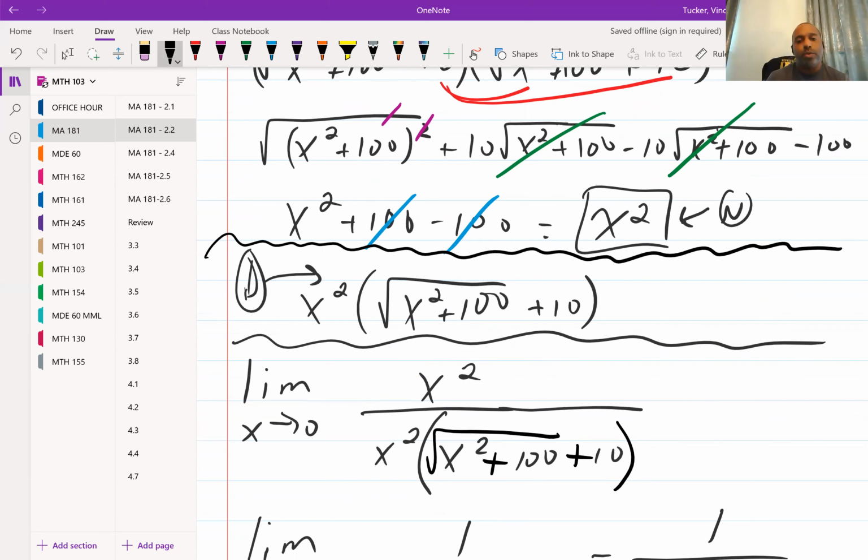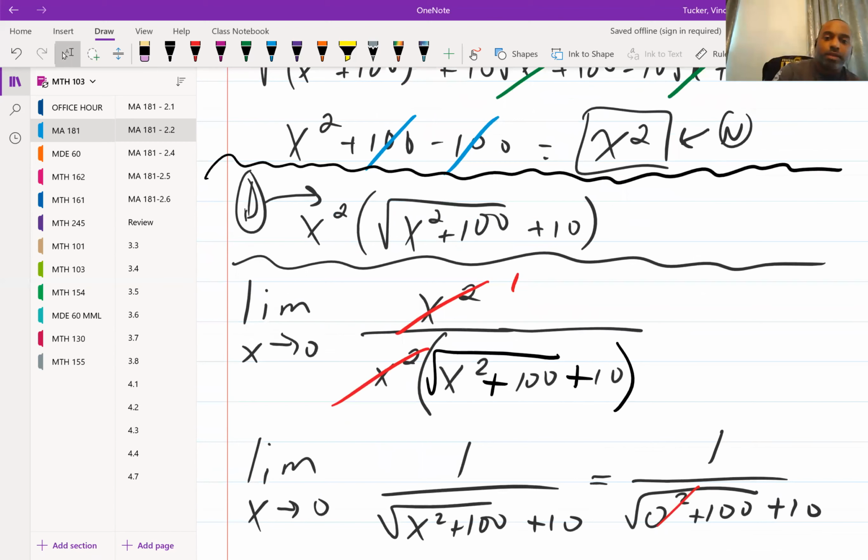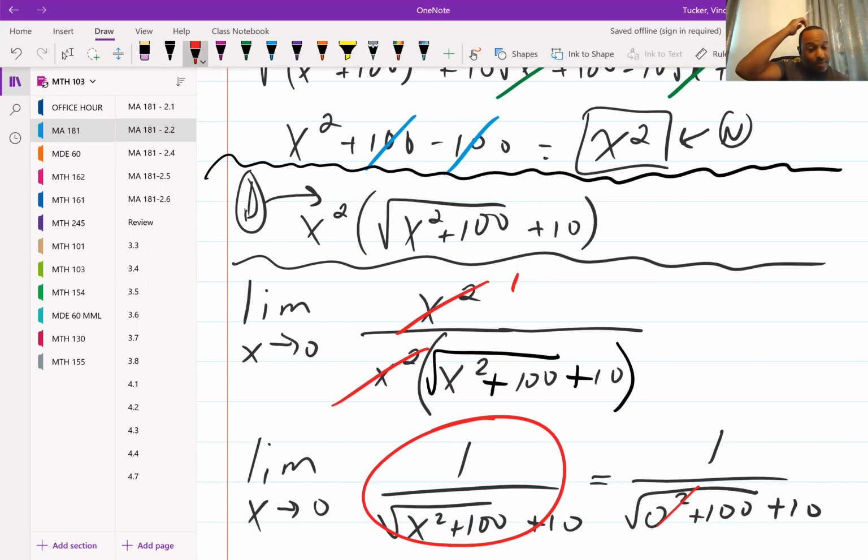So this is our new expression. And now we see the x squareds can cancel. And that leaves us with, this is our latest way of expressing what we had originally.